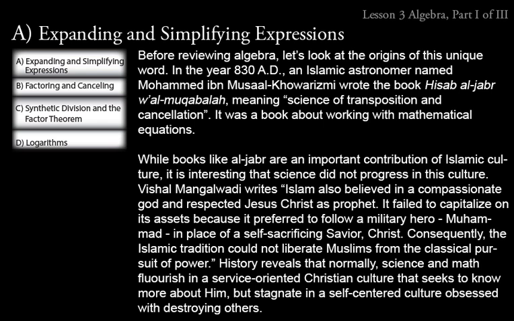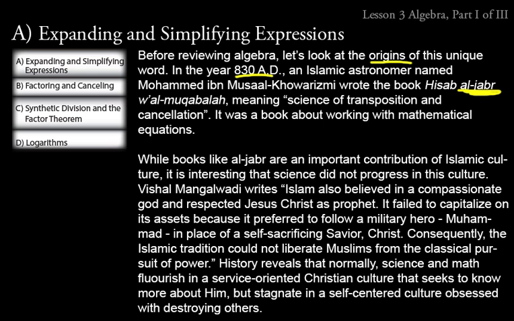Before reviewing, though, let's talk briefly about the origins of algebra and just that word. What does that mean? In about 830 AD, an Islamic astronomer named Muhammad Musa al-Khwarizmi wrote the book Hisab al-Jabar, and that al-Jabar part we can kind of see in there, algebra.